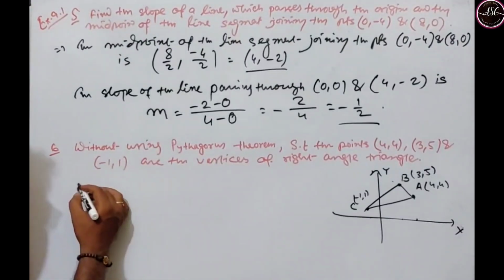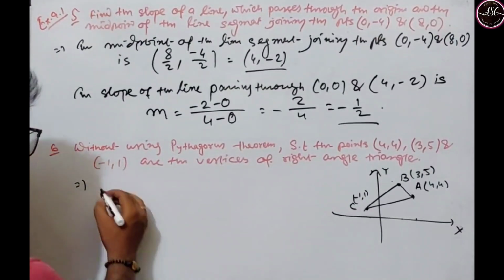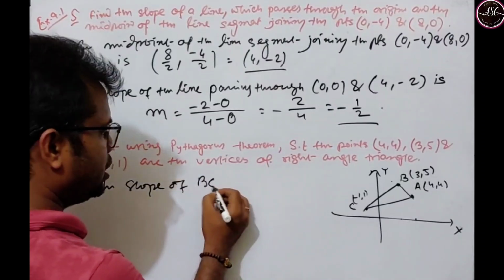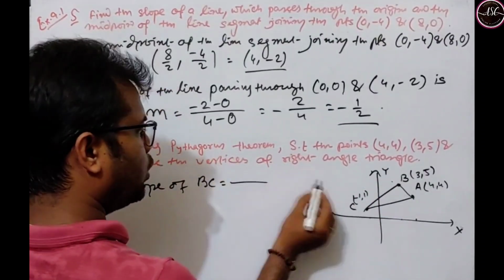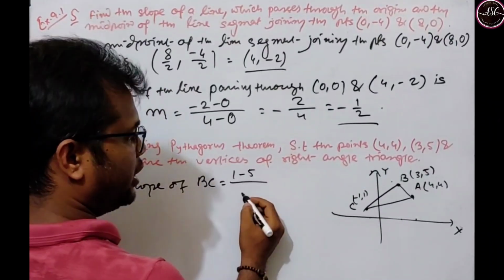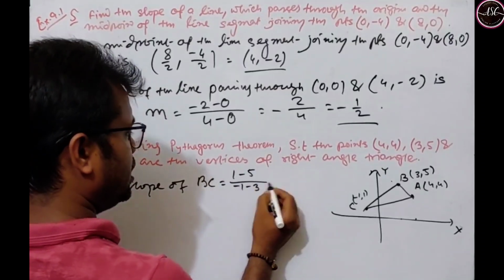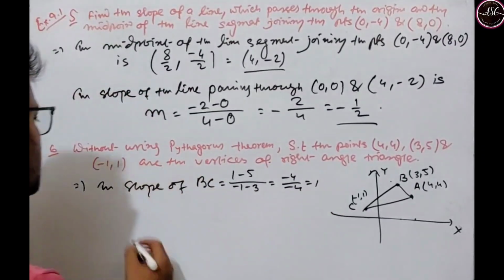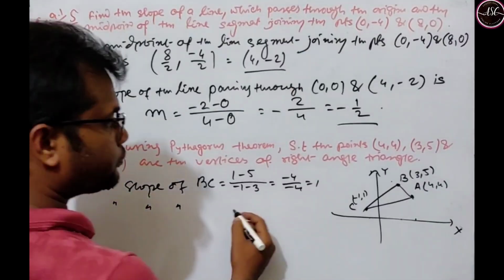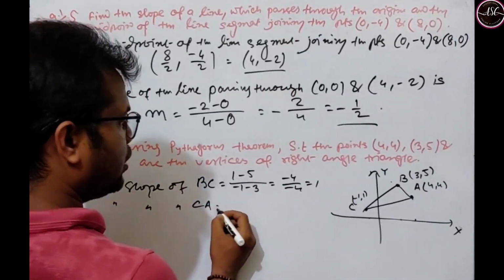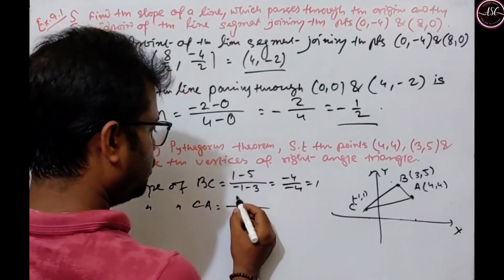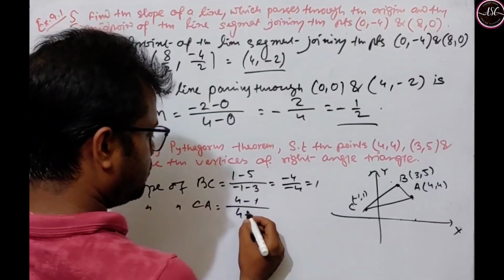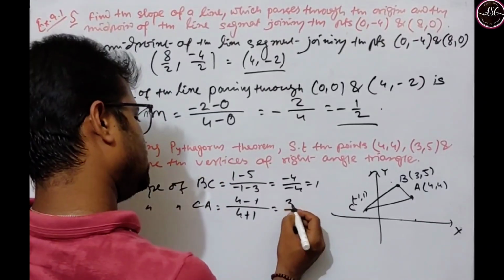So if we use the slope formula, the slope of BC equal to y2 minus y1, that is 1 minus 5, divided by minus 1 minus 3, that means minus 4 divided by minus 4, that means 1. Okay, the slope of CA equal to 4 minus 1 over 4 minus minus 1, that means 3 by 5.